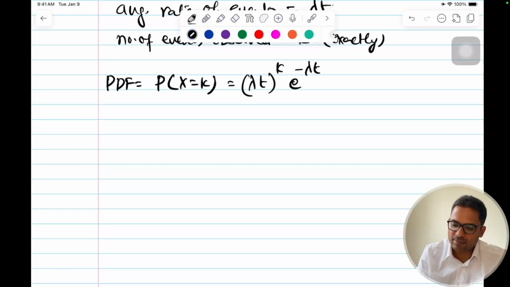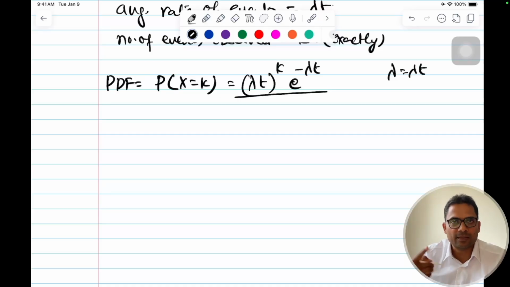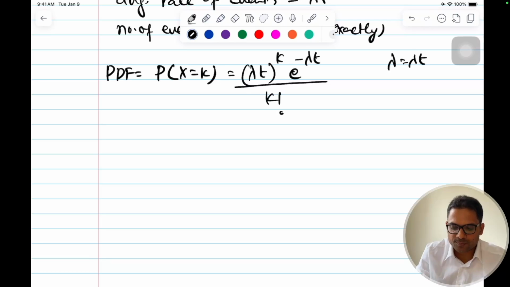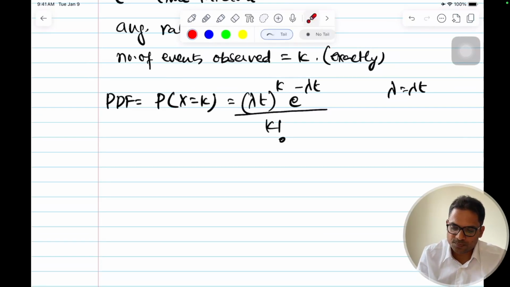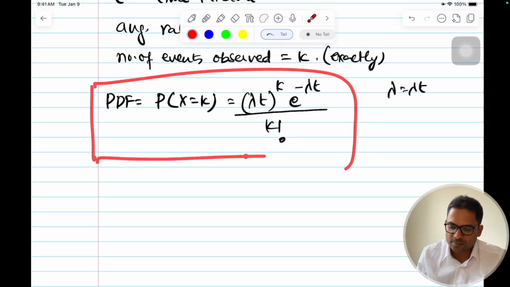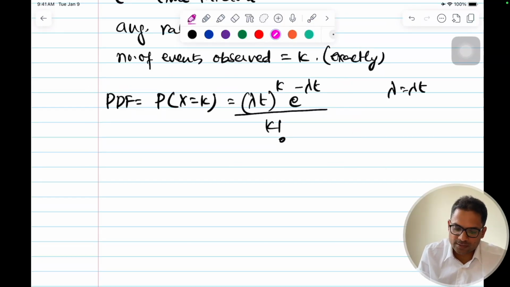Wherever lambda is there, we replace it with lambda t now. This is because we have made lambda the average rate per unit time, and then we are multiplying it with the time, all divided by k factorial. So this is your Poisson. Now we are seeing it from the Poisson perspective.